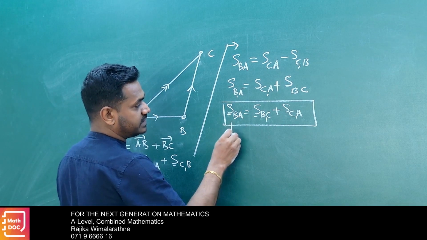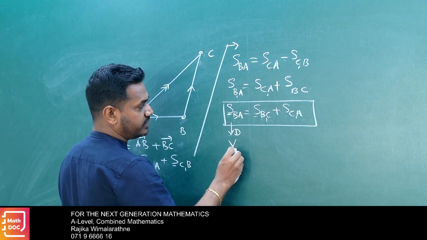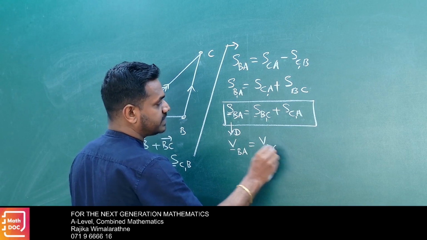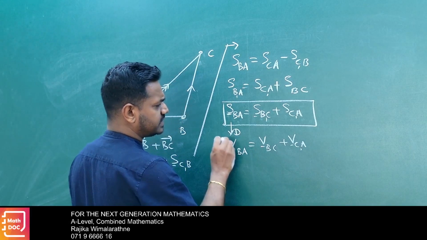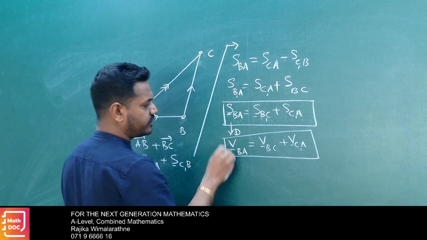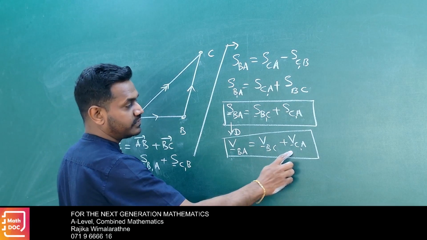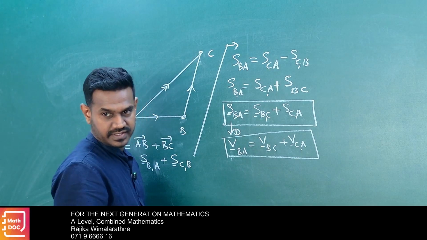When we differentiate this once with respect to time, we can convert it into V_BA equals V_BC plus V_CA. This is called the relative velocity theorem. So velocity is written as the sum of two velocities, starting with B and ending with A, with a common one.